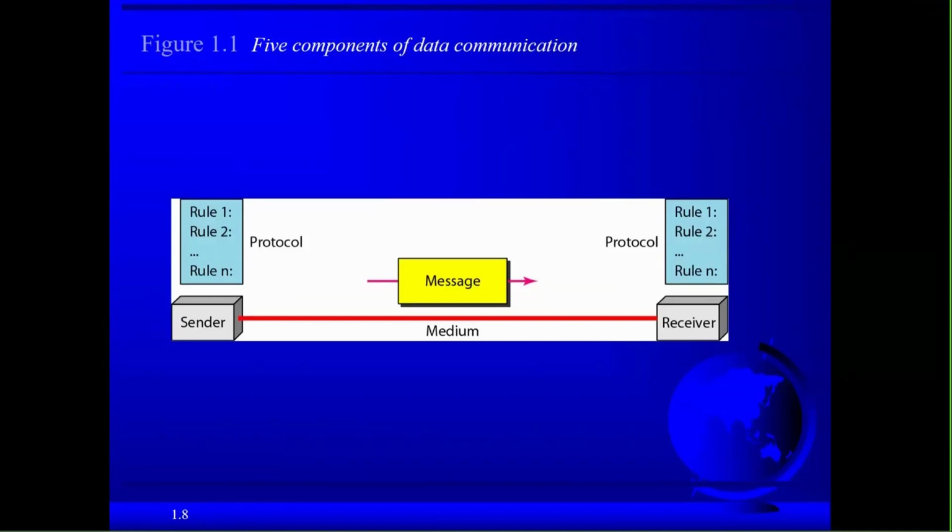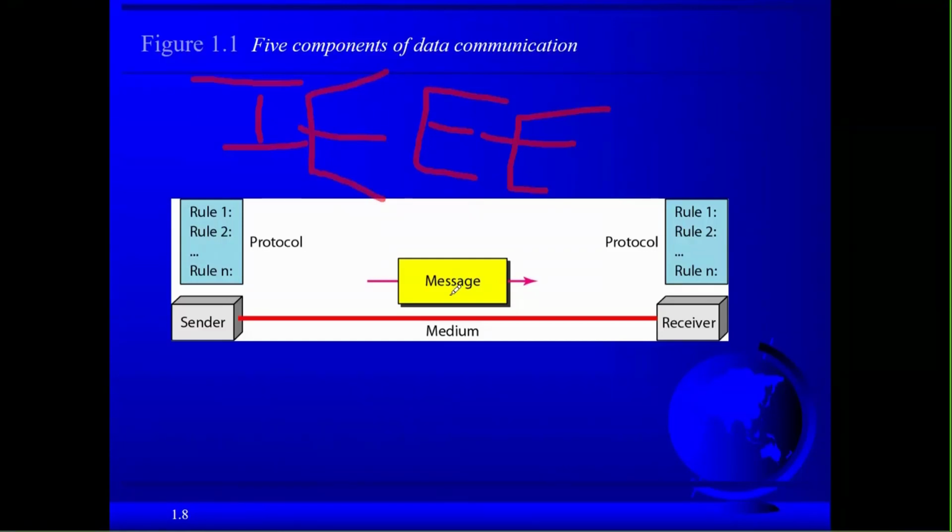Most likely they are developed by IEEE, which is the Institute of Electrical and Electronics Engineers. IEEE developed most of the protocols that we use in networking. Of course, we have the internet forums as well, but IEEE 802.1, 802.2, 802.3, 802.4, we will talk about them as we go on.